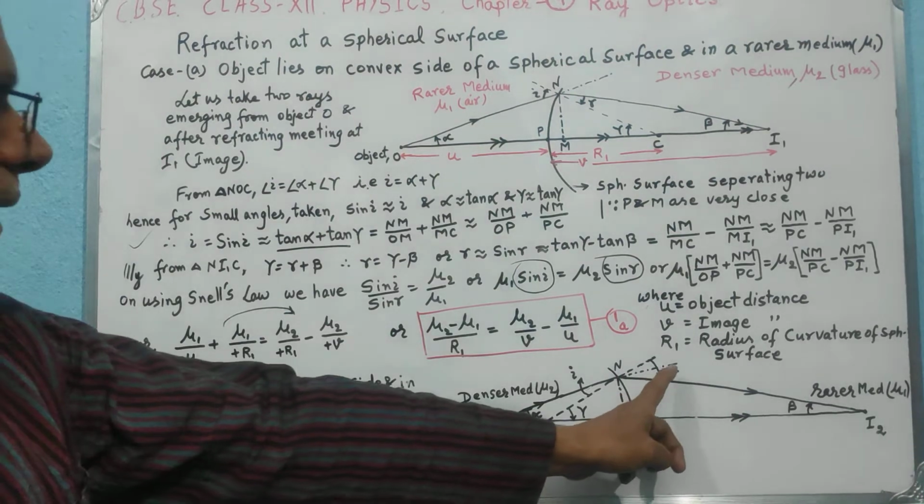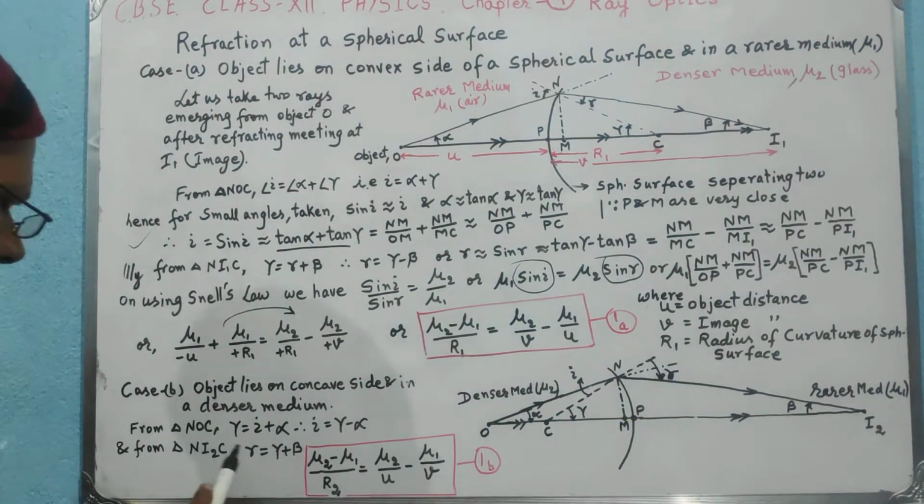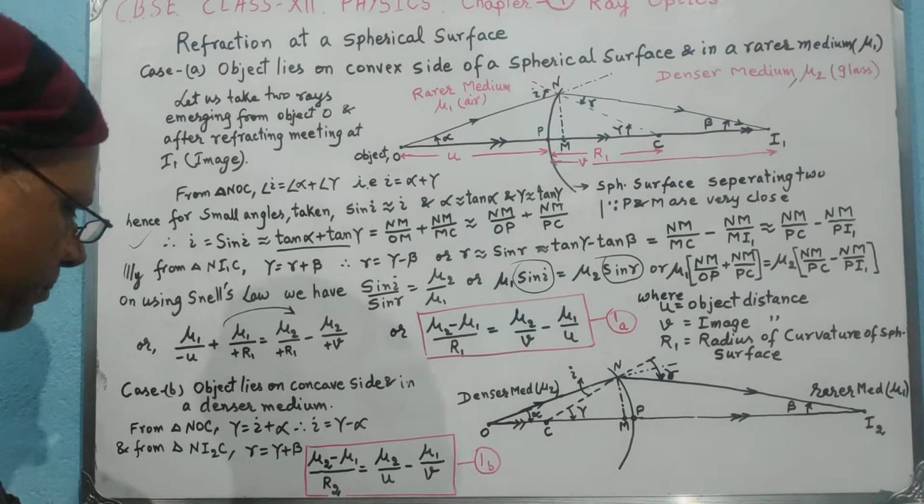So we can write exterior angle r is equal to gamma plus beta.